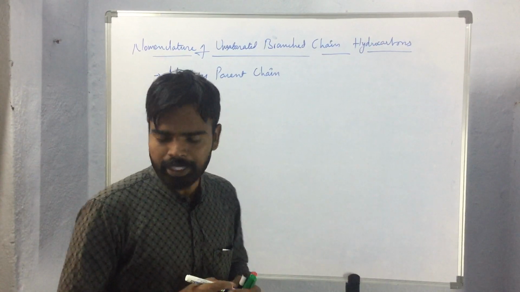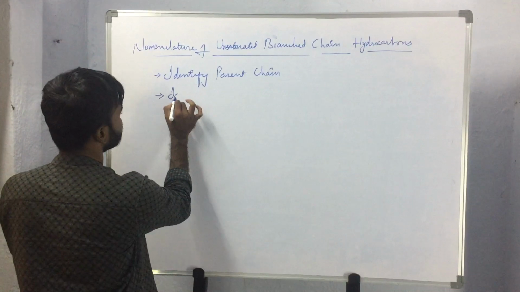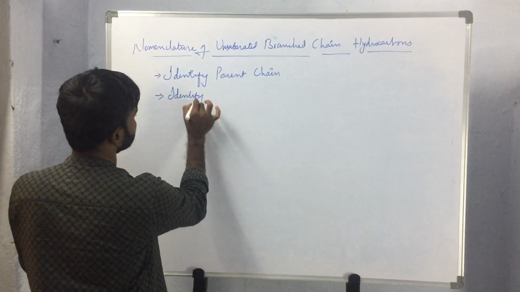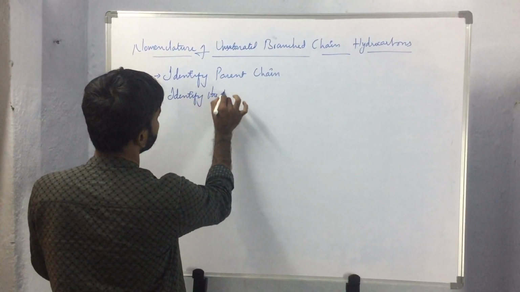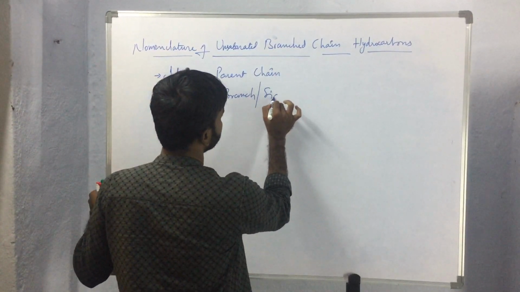Then the second step is to identify the branch, which is nothing but the side chain.